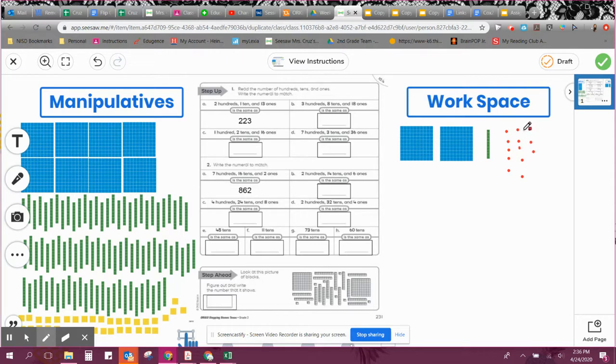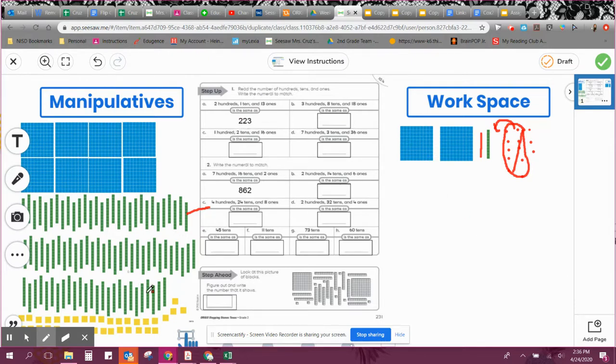So I'm going to take my 10, circle, cross. You get what I mean. Draw my arrow here, and I'm going to pull one of these over. Well, I'm just going to draw one. Okay, so now I have 223, and that is where they got that answer there.